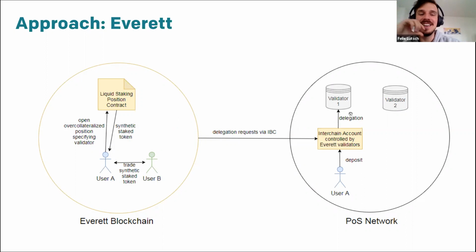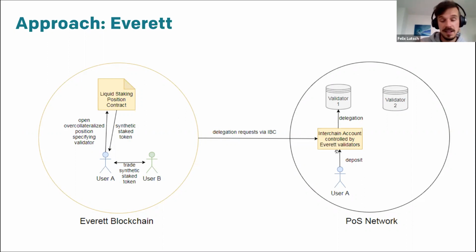So the idea is that there are people that issue these synthetic stake tokens, and those are then very liquid because the protocol requires you to over collateralize your position. So for example, on Cosmos, you would need to deposit like 110% of what you want to stake as collateral, so that in case of slashing, which is currently maximum 5% on Cosmos, that could be covered from your collateral.